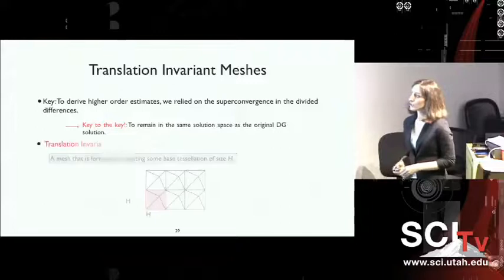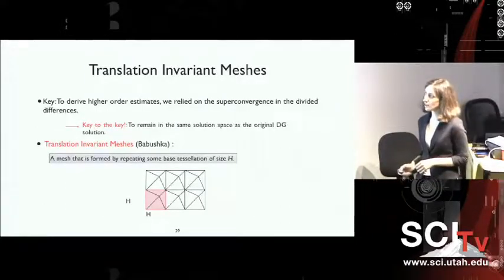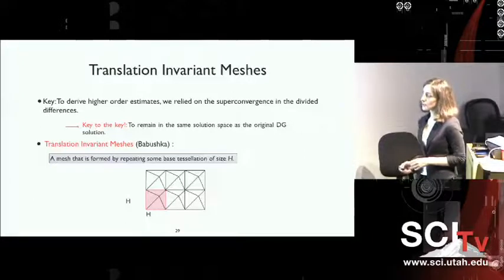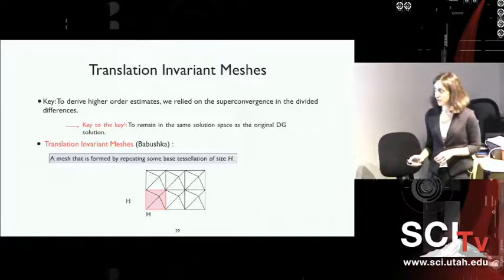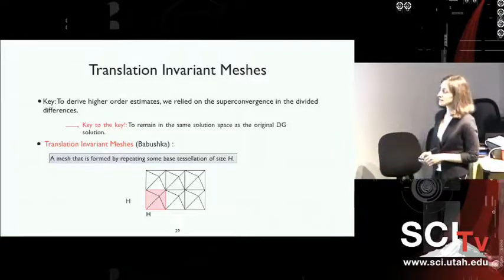A more general type of meshes that will allow us to take advantage of this fact are called the translation invariant meshes. According to the definition provided by Babuska, a translation invariant mesh is a mesh that is formed by repeating some base tessellation of size h.